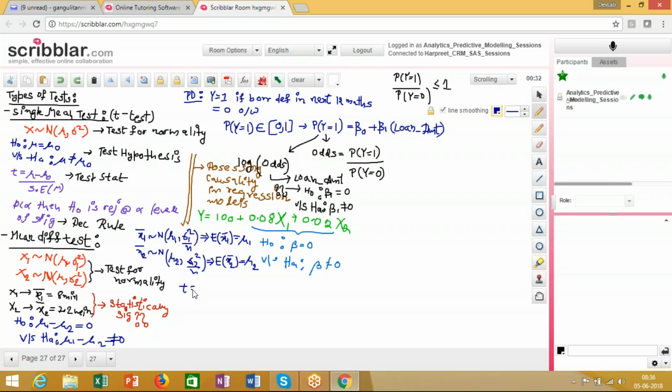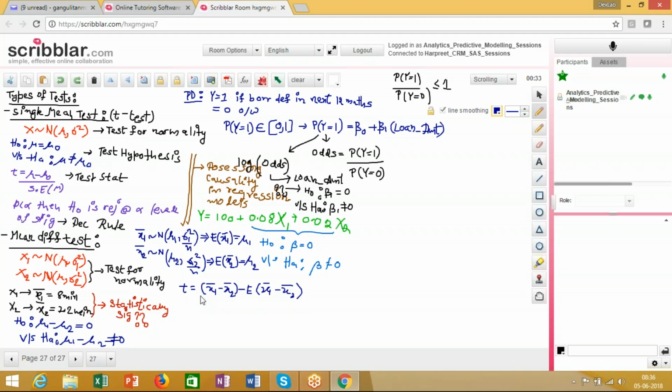Over here we have x1 bar minus x2 bar, minus the expectation of this difference.